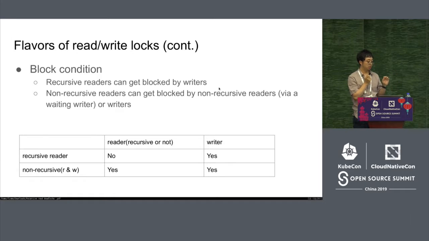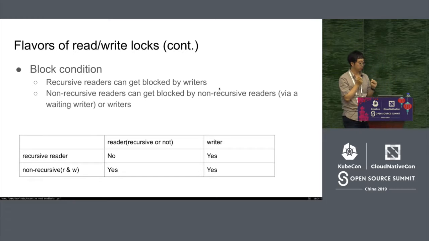If we view this graphic horizontally, the recursive reader will not block any other readers, whether recursive or not. A recursive reader will not block other readers because it's recursive, but it will block writers.